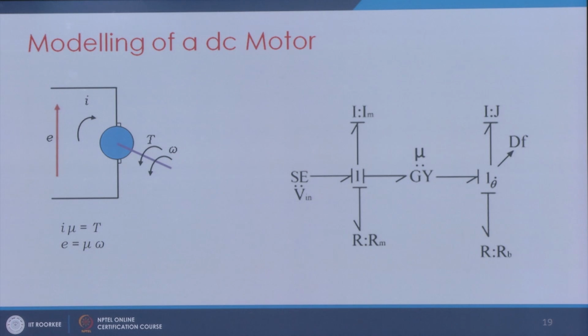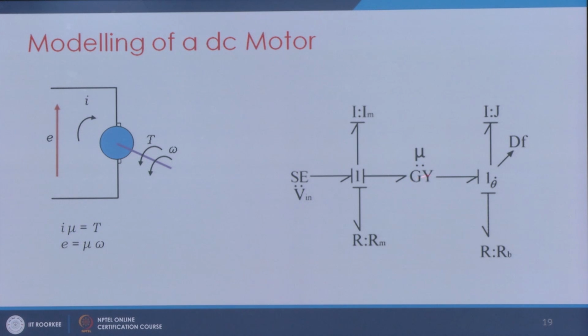All right. Now, if we look at the bond graph model of this one, the armature I can take as an inductor and resistor in series with the voltage source. So, I draw I, R and SE here, and the torque and current are related by a torque constant of the motor.